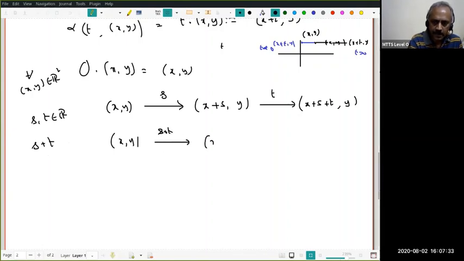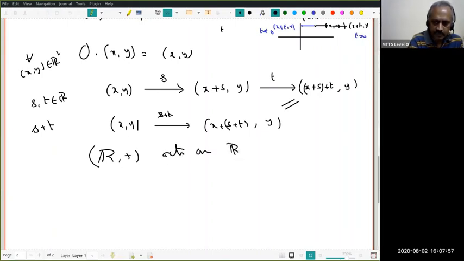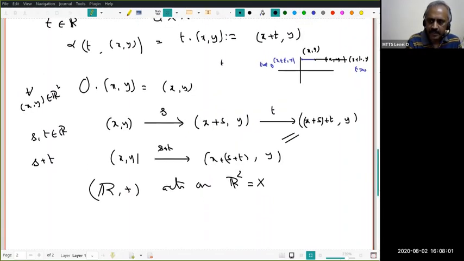It goes to X plus S plus T, comma Y. So you can see these two are equal, right? Therefore, this is a genuine group action. Right. Therefore, the additive group R plus acts on what? Acts on R2. That is my X. Right? Okay.